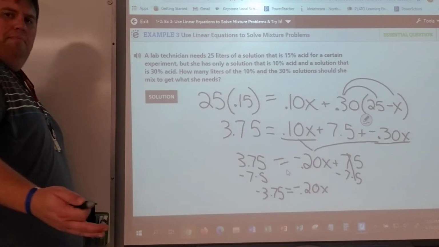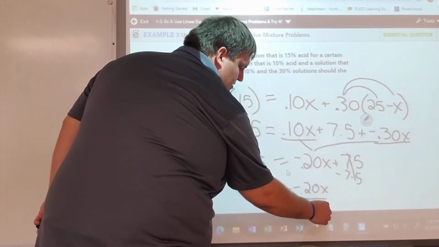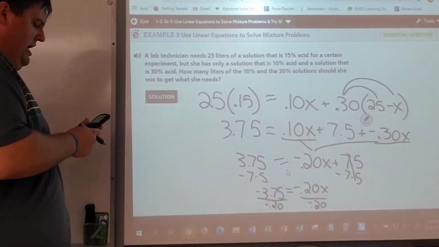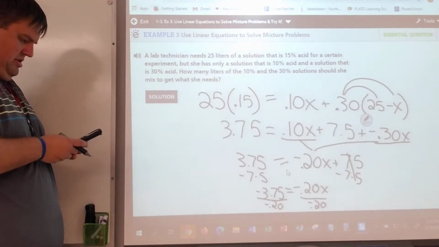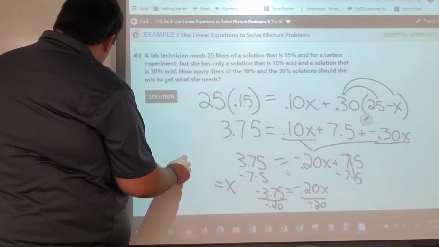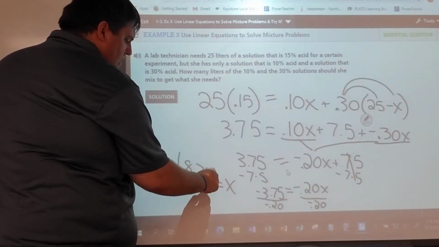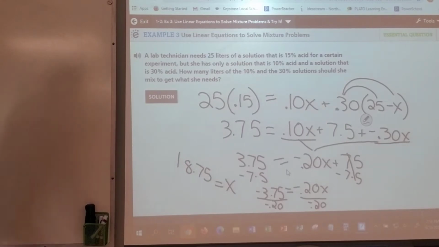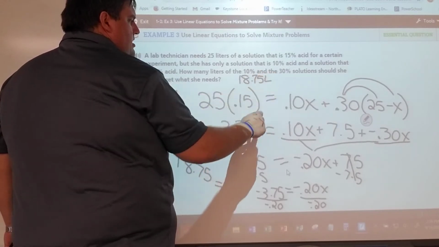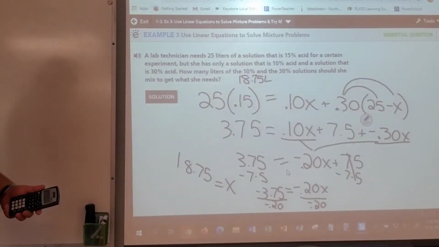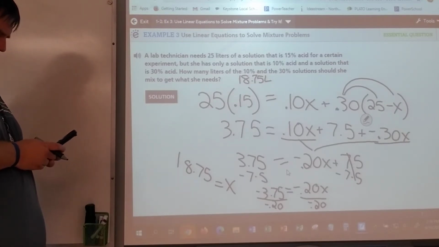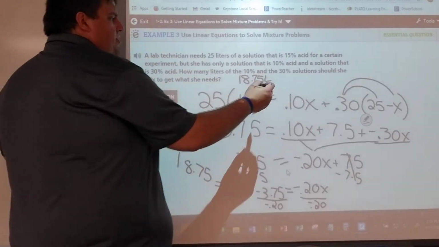And then we have one more step, which is going to be divide by negative 0.20 on both sides, and x is 18.75 liters. So we need 18.75 liters of the 10% solution. And then if we do 25 minus that number, we need 6.25 liters of the 30% solution.